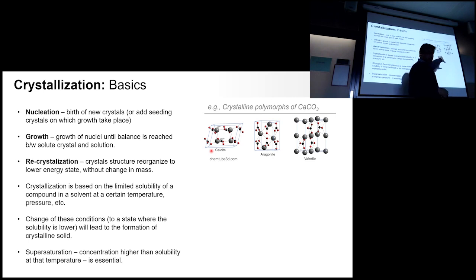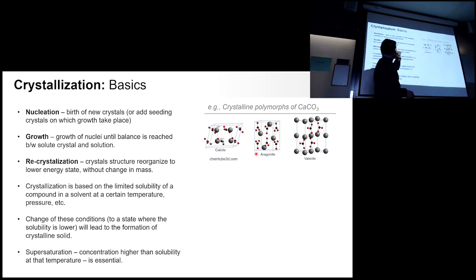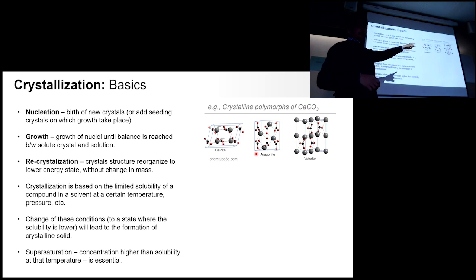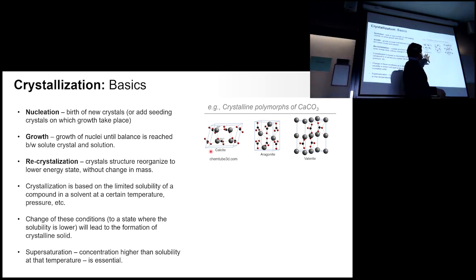And then the next configuration is that of aragonite. Here is basically the calcium ions, and around that are the carbonate ions. And then you have vaterite.